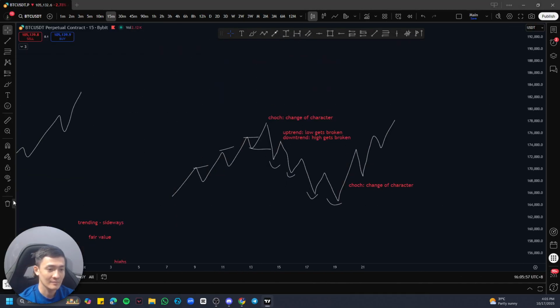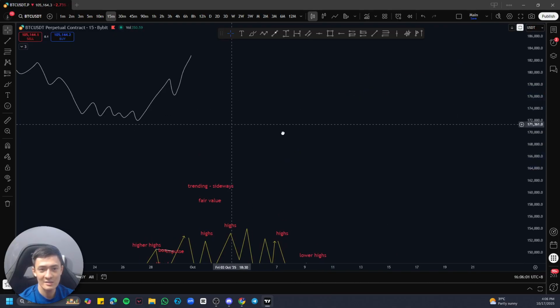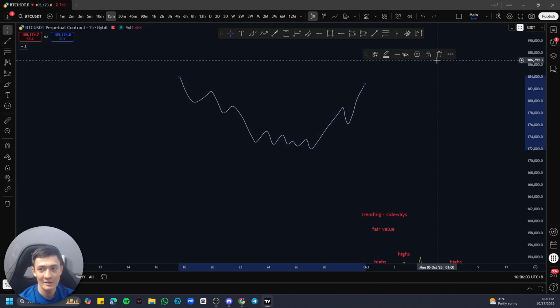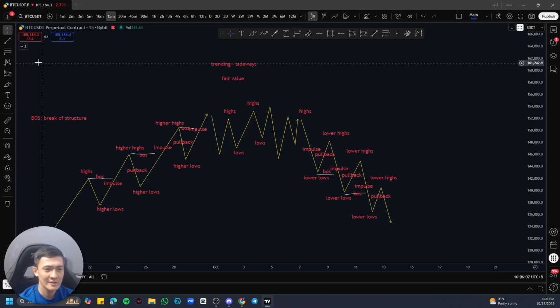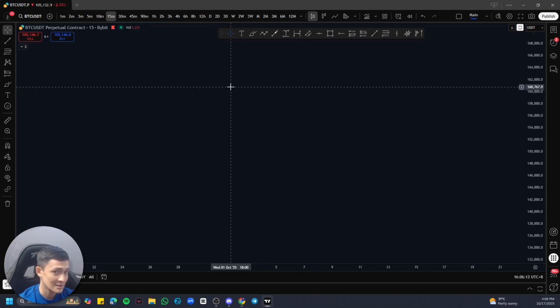Now when you ask someone, is price going up or down? Half of the time, some people will say it's going up. Half of the time, some people will say it's going down. And they're both right, because it really depends on what time frame they are looking at.